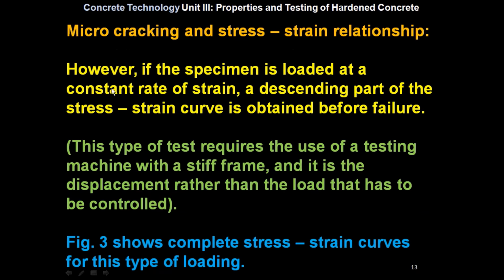However, if the specimen is loaded at a constant rate of strain, a descending part of the stress strain curve is obtained before failure. This type of test requires the use of a testing machine with a stiff frame, and it is the displacement rather than the load that has to be controlled. Figure 3 shows complete stress strain curves for this type of loading.